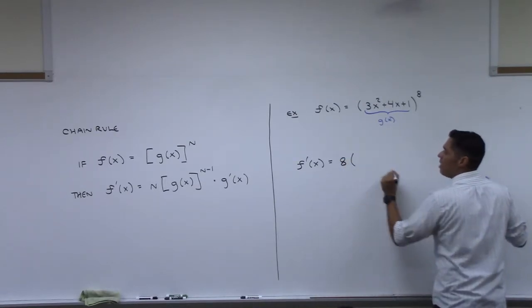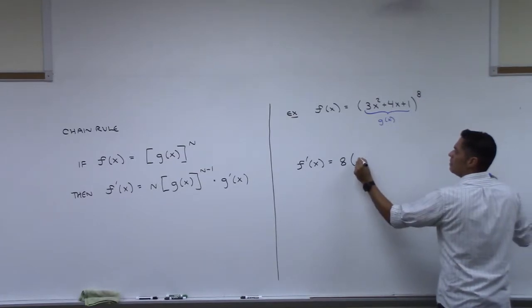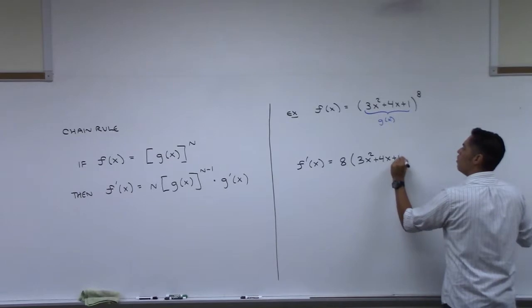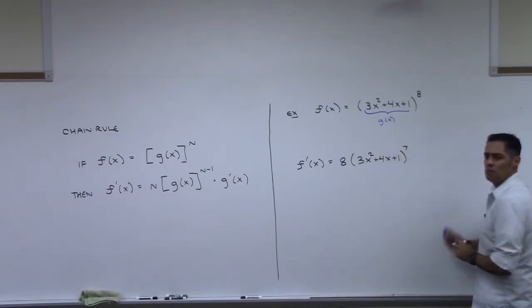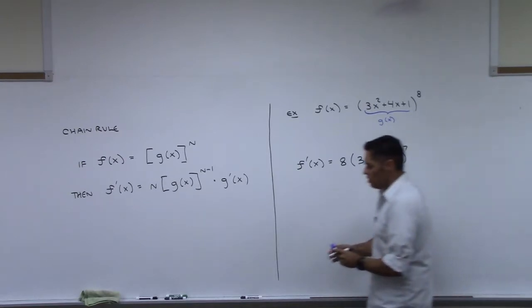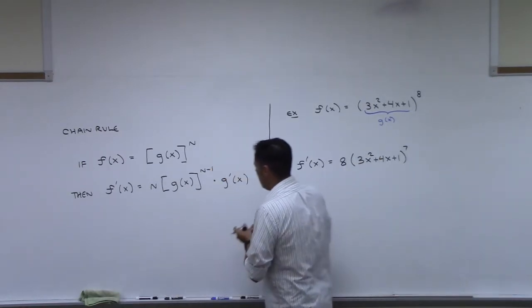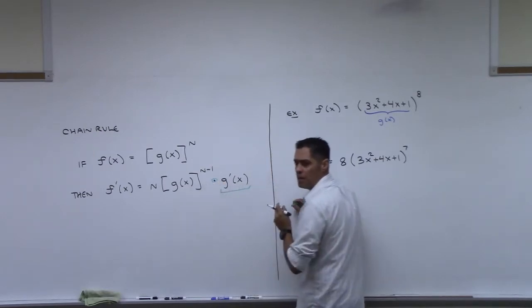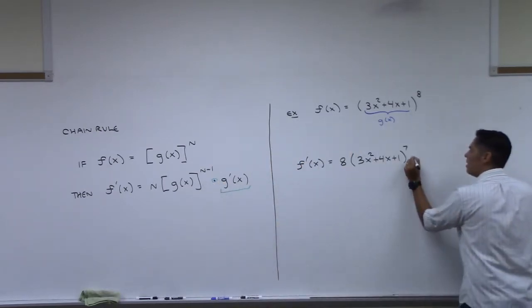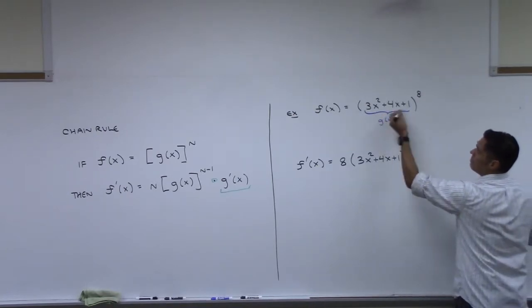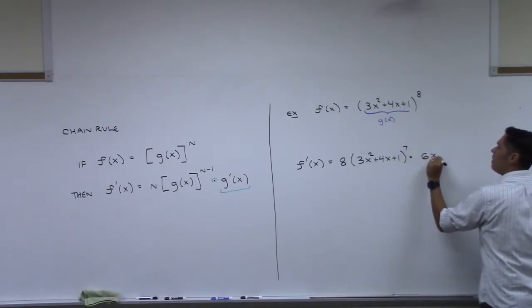Then in parentheses, everything stays the same. 3x squared plus 4x plus 1, and then to the 7th power. But that's not the end. The chain rule says now you have to figure out what the derivative of the inside g function is, and we're going to attach it with multiplication. So we're just going to slap onto the end of this times now the derivative of this. And that, yeah, 6x plus 4, right?